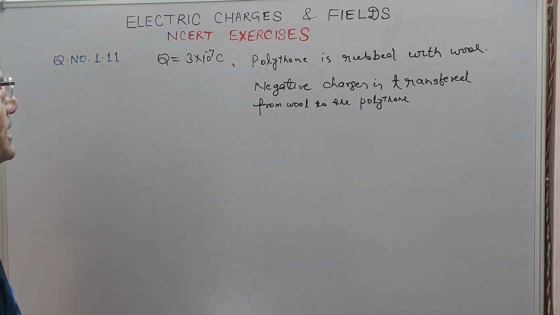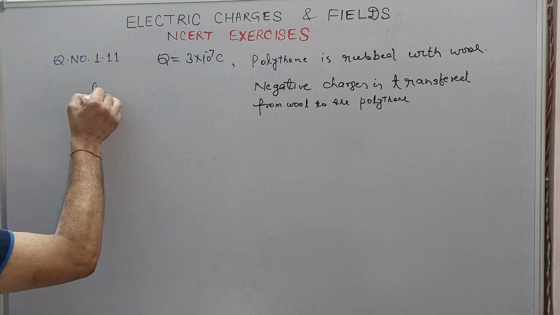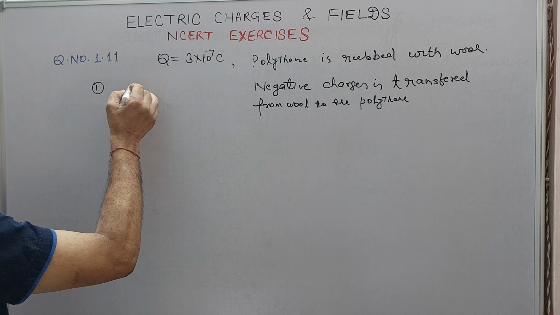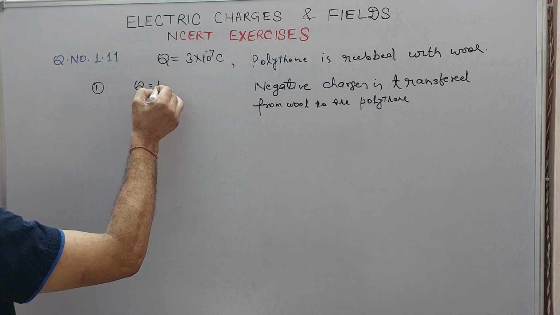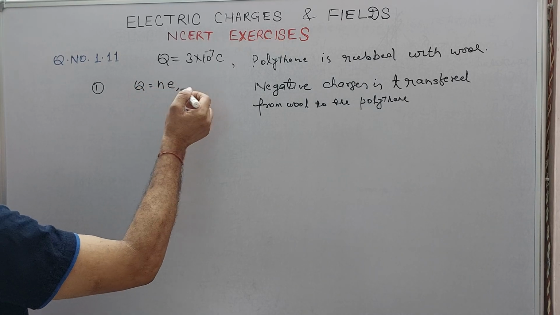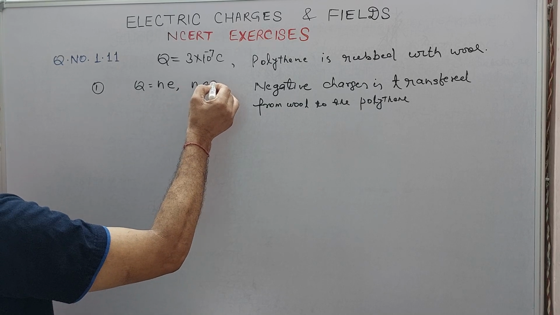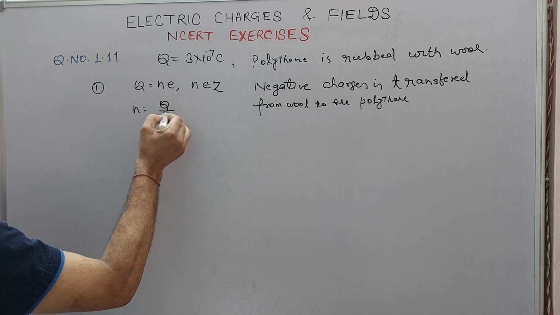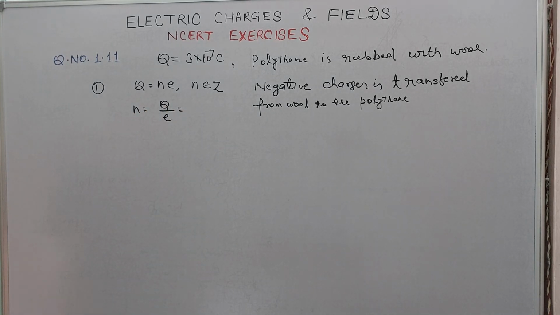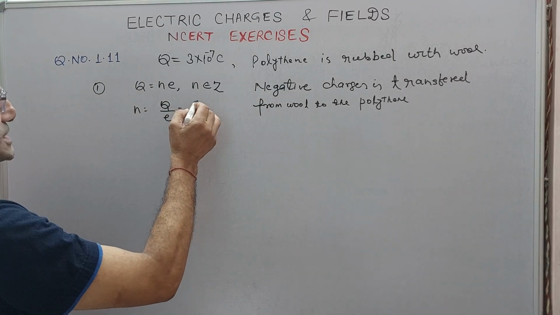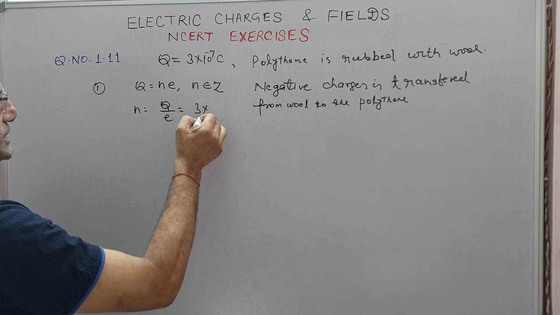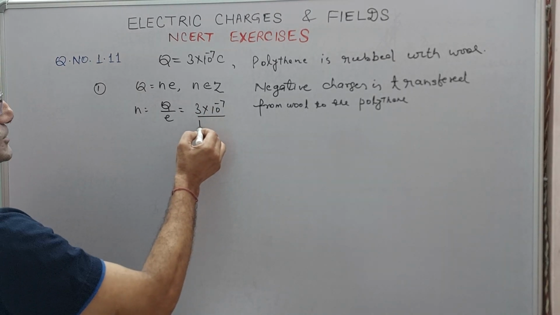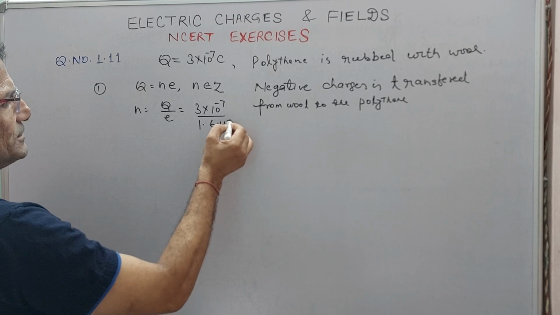In the first part, we need the number of electrons transferred from wool to the polythene. This is the formula: Q is equal to Ne, where e is the charge on the electron, and n belongs to the set of integers. So N is equal to Q divided by e. Putting the value of Q, the charge transferred from wool to the polythene, and the charge on the electron, 1.6 into 10 raised to the power minus 19.